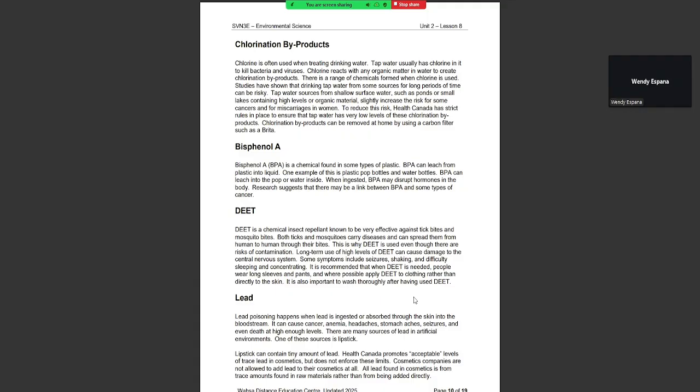None of the makeup products are allowed to add lead, but sometimes lead is in a product naturally. So they take the mineral they're using to make the product, and then it turns out that it did have some naturally occurring lead. That's okay. It's just if you're adding it directly to the product that is illegal.